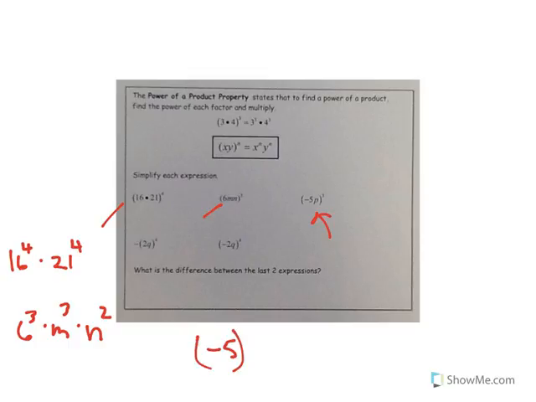And for this one here, I'm going to separate a little bit because there's that negative sign, to the 3rd power times p to the 3rd power. The reason I did this one specifically like that is because that -5 is going to be -5 times -5 times -5. So that's going to be -125, and that's going to be p to the 3rd power. Remember, negative times negative times negative is going to be a negative, not a positive.